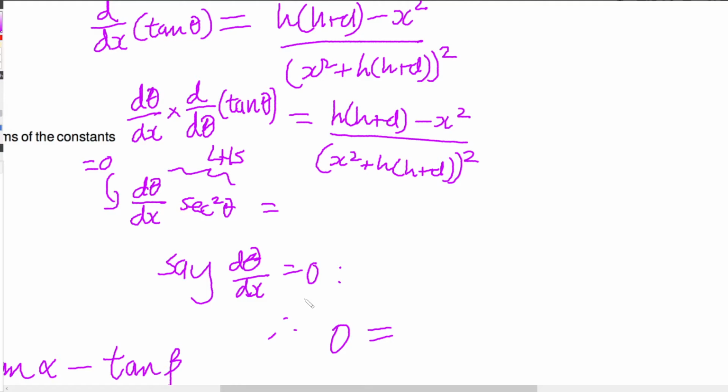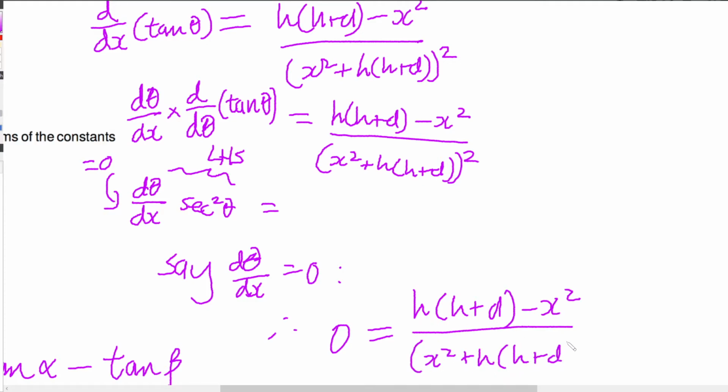I don't think so. 0 is equal to h times h plus d minus x squared over x squared plus h times h plus d squared.